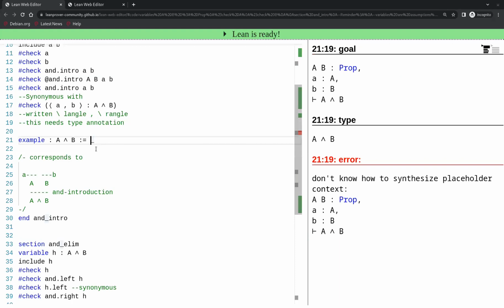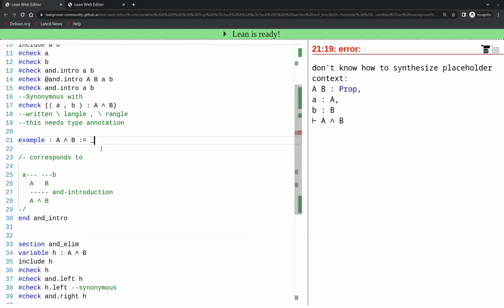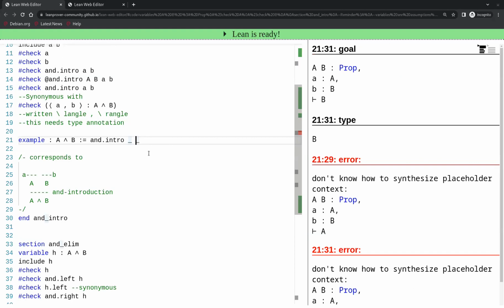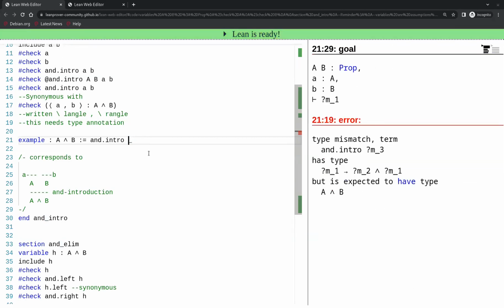Well, we replace the underscore that we have here, firstly by and.intro, and then two underscores. And these two underscores now stand for the proofs separately of A and B.